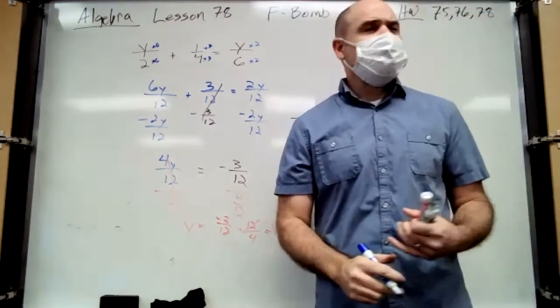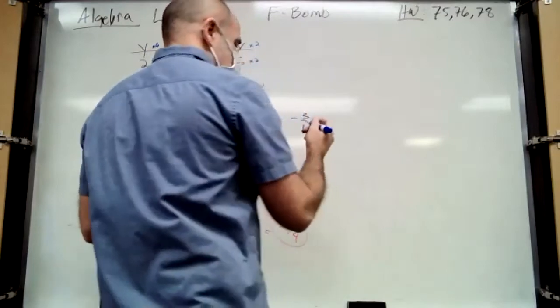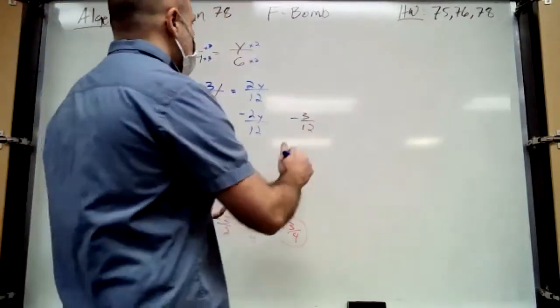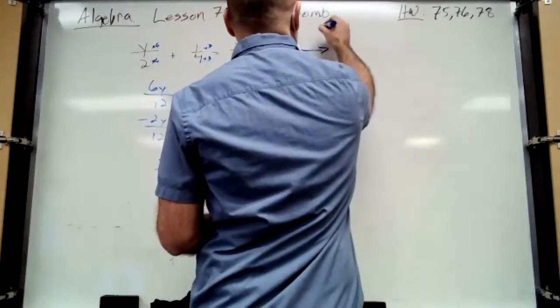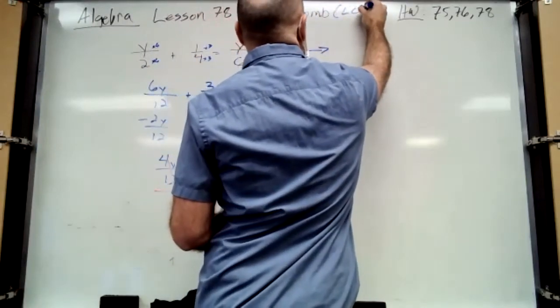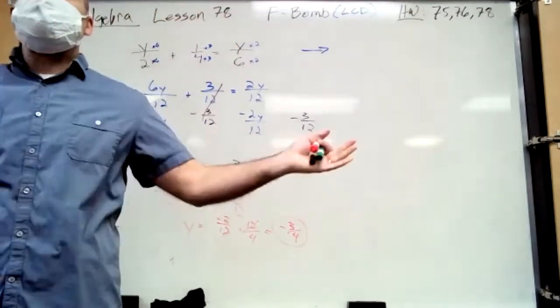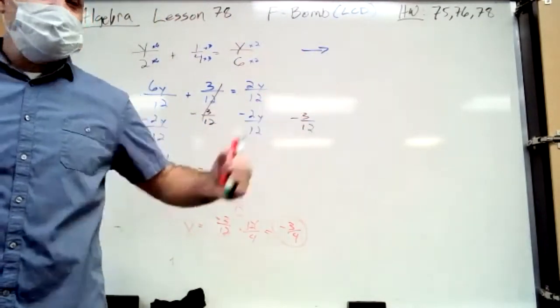There's a better way. I'm going to apply the F-bomb to this equation. So basically the F-bomb is the least common denominator, and all you do is multiply both sides by the F-bomb.